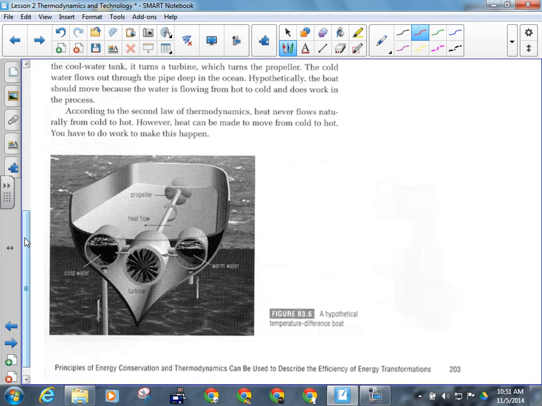It's great theoretically. Why doesn't it work in practice? No, it has nothing to do with it being wrecked.